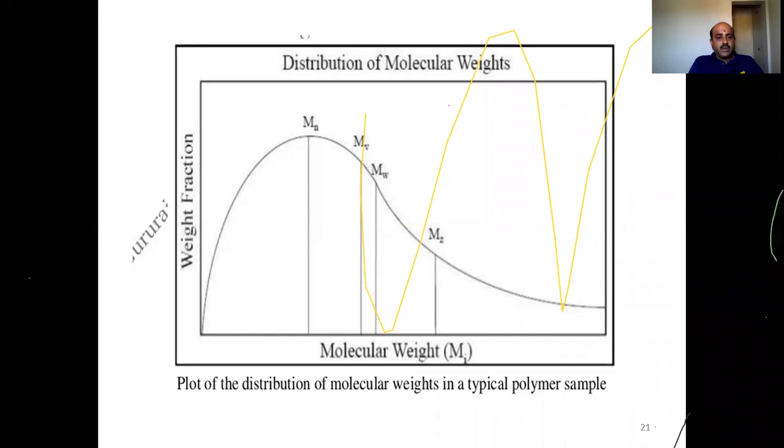Here, the plot is drawn for weight fraction and molecular weight, and the distribution of the different average weights, Mn, Mv, Mw, Mz. So this is how the molecular weights will be distributed across the polymeric structure. So I will stop at this point now.